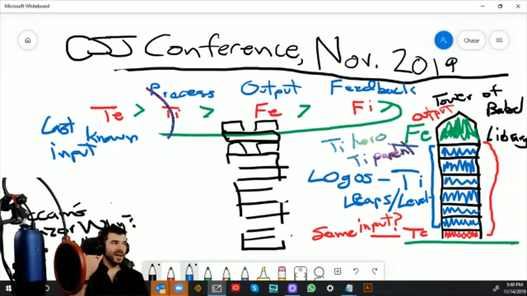Because remember, when you're looking at leaps of logic, according to the whiteboard here, each logic is like this. Remember, logic is if this, then that. So level 1: if level 1 is true, level 2 is true. If level 2 is true, then level 3 is true. If level 4 is true, then that's true.